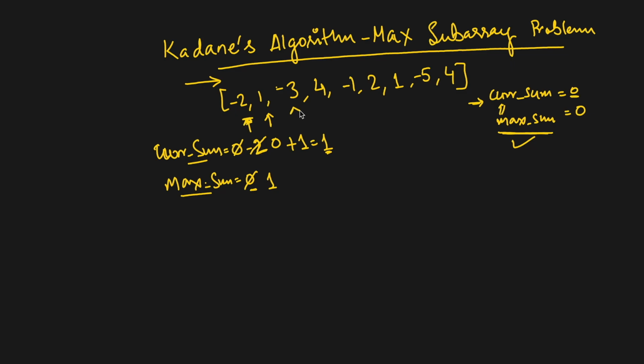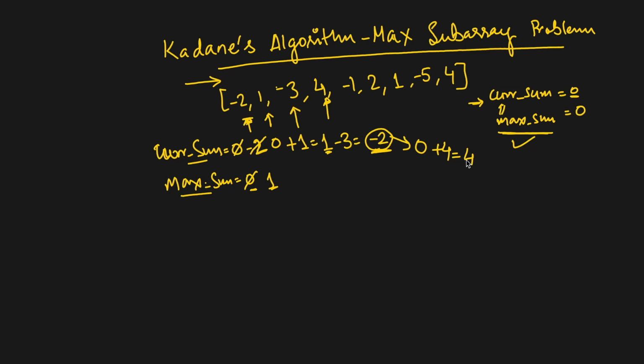Now the next element is minus 3, so when we do this, the current sum becomes minus 2, and again this is less than 0, so we'll make it 0, and we'll not update the max sum because it is greater than the current sum. Now element 4, so we'll add 4 here, so the current sum becomes 4.